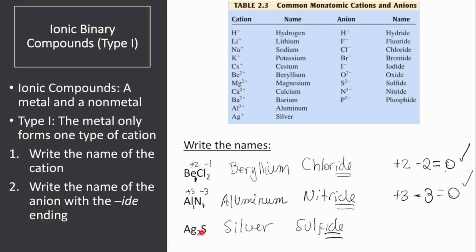Finally, we have silver and sulfur. Silver has a +1 charge, and sulfur has a -2 charge, and there is 1 sulfur. So 2 of the silver times a +1 charge, we get +2, and then 1 of the sulfur times -2, we get -2, so this is equal to 0, also neutral.